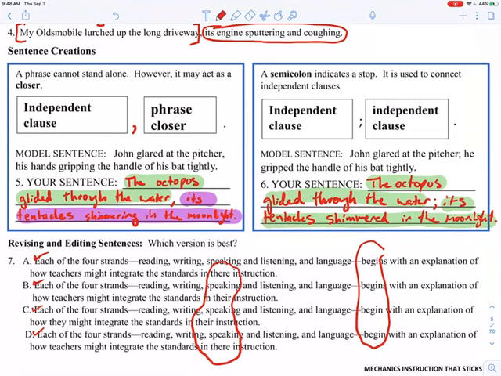Let's maybe eliminate some things here. If we say each of the 4 strands, each is a singular indefinite pronoun. So we need to use the singular verb, the one that ends with S. So it's A or B that are still in play, and C and D would not be correct.